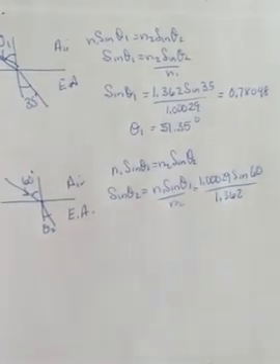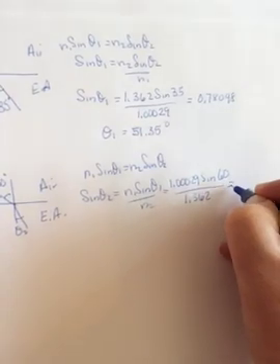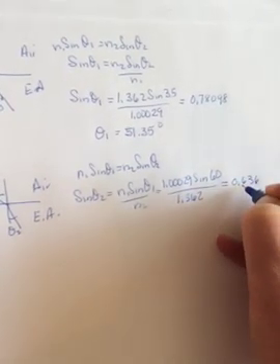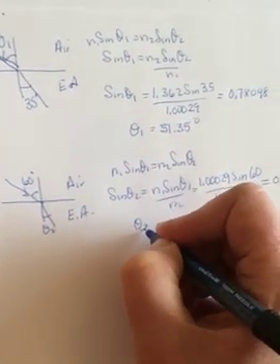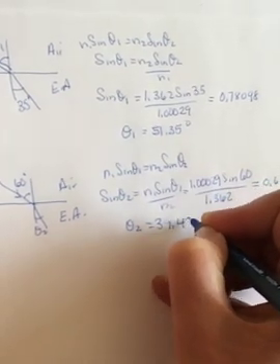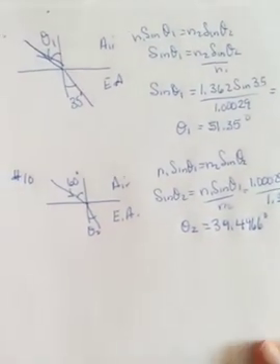When you do this, before you take the inverse sine, you get 0.6360, and do second function sine and get a theta 2 to be 39.4966 degrees. Okay, and one more.